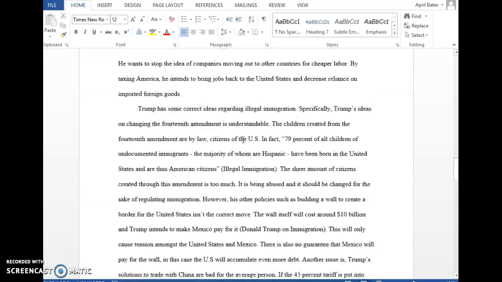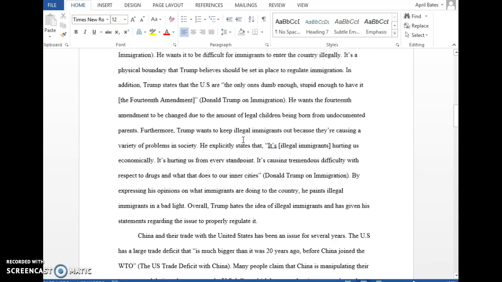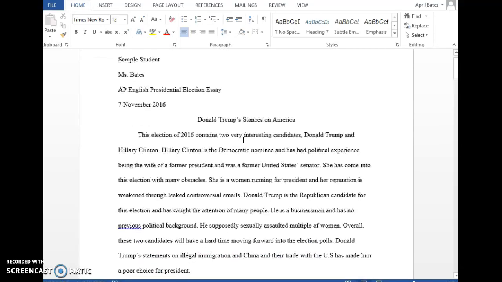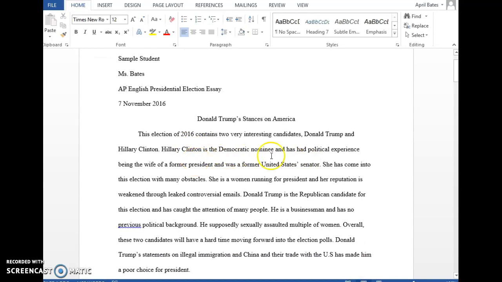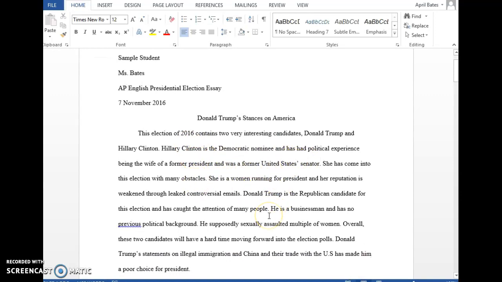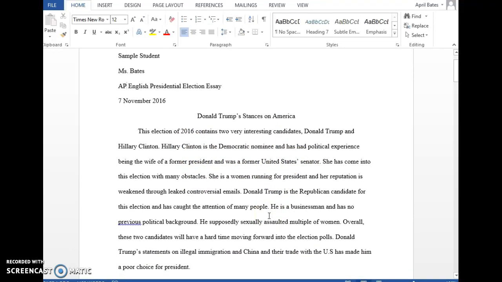Going back up here, the first paragraph is, of course, going to be our introduction. This is going to give us background on the topic. The topic or the essay prompt for this was during the elections of last year between Donald Trump and Hillary Clinton.